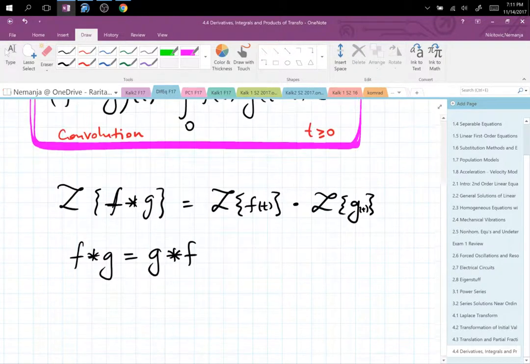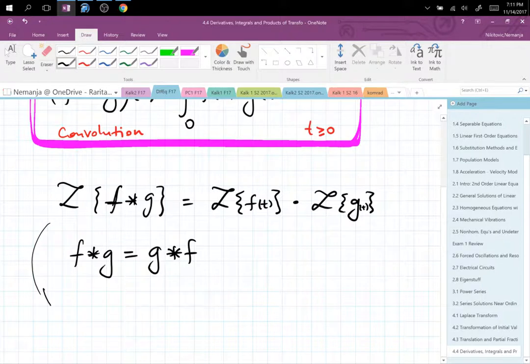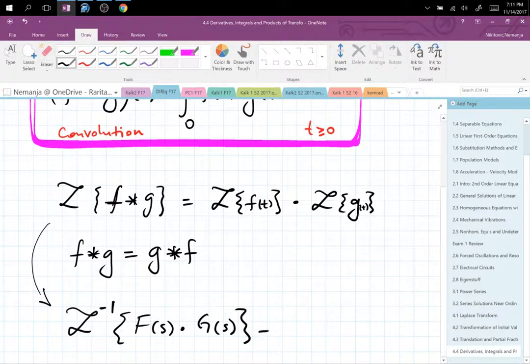And then from here, the inverse Laplace transform of F of s times G of s gives you f of t convolution g of t.